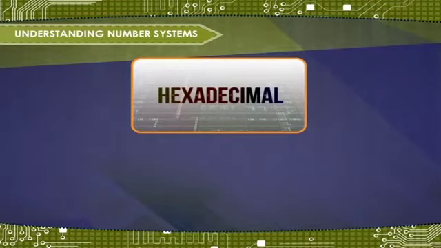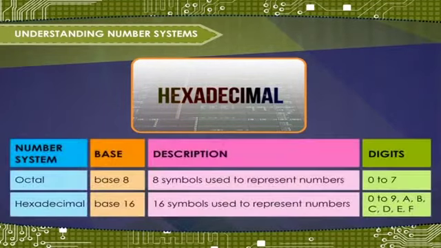A more compact representation is used by hexadecimal representation, which groups 4 binary digits together. It can make use of 16 digits, but since we have only 10 digits, the remaining 6 digits are made up of the first 6 letters of the alphabet.